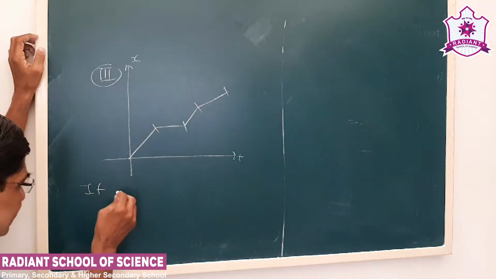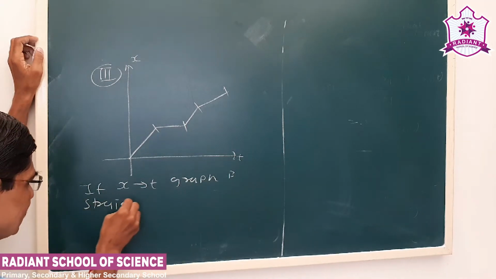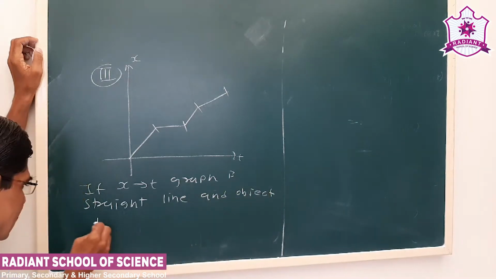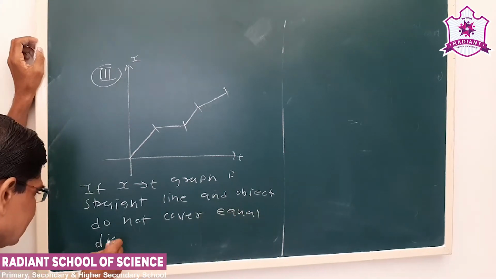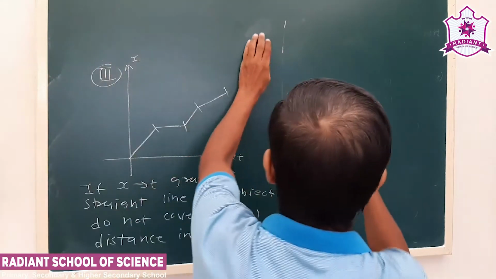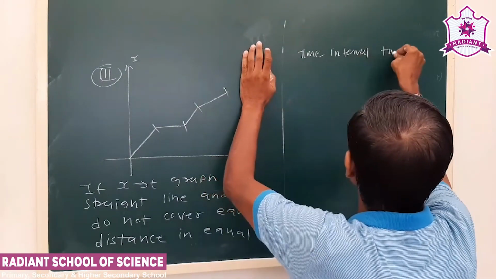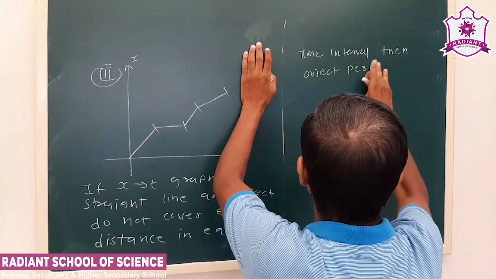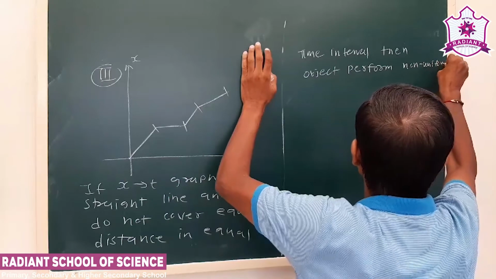So if the x versus t graph is a straight line and the object does not cover equal distance in equal time intervals, then the object performs non-uniform motion.